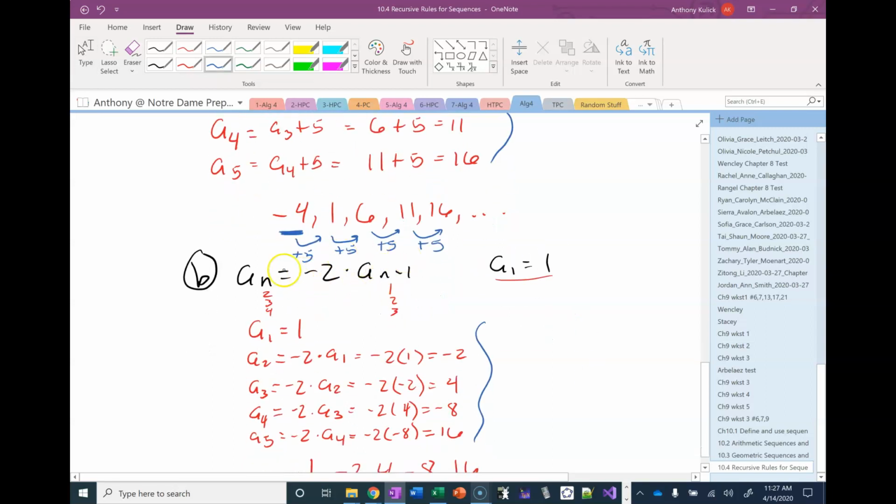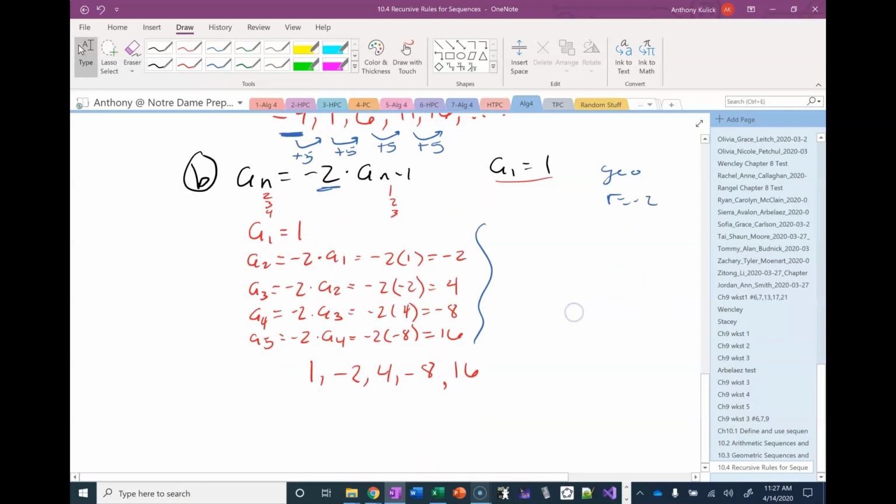Similarly, because of the form of this, we know this is geometric, and we know that the r is -2. So really all I'm doing is multiplying by -2 each time to get my next term. That's really all we're doing. All of this is just me following the formula and showing you how the formula works, which is great.